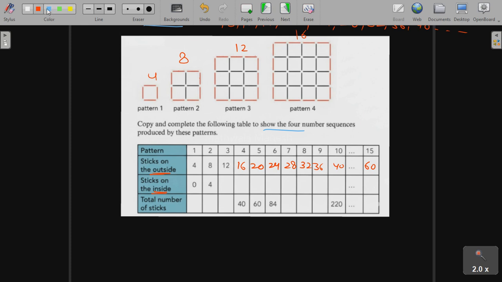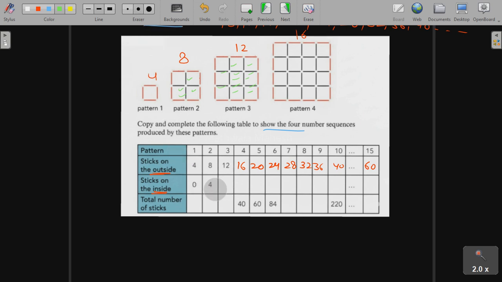So the next one is sticks on the inside. Inside means the black ones. Okay, so here there are 0, so pattern 1 is 0. In the second, 1, 2, 3 and 4, so 4 for pattern 2. Similarly we can count 1 to 12, so 12.